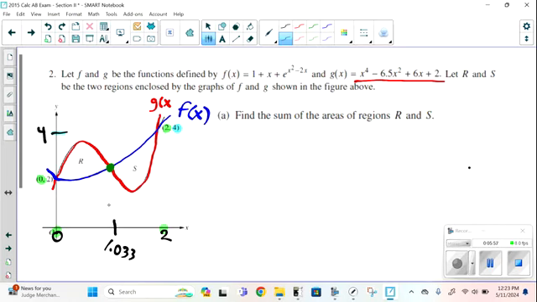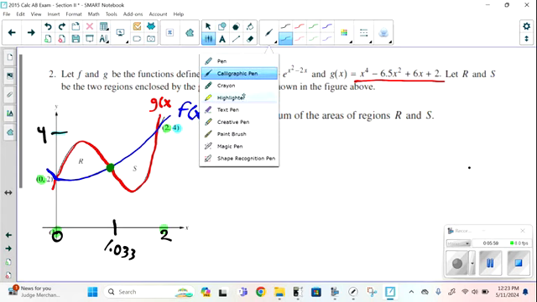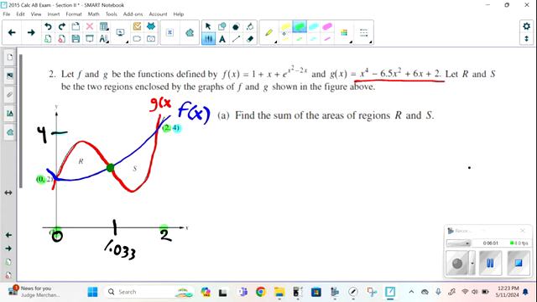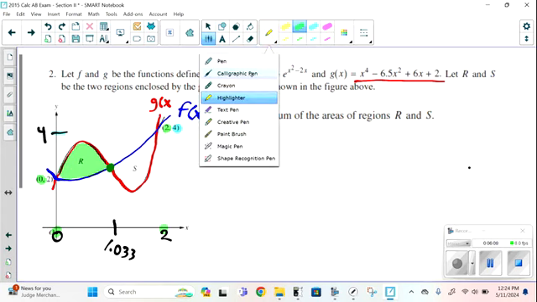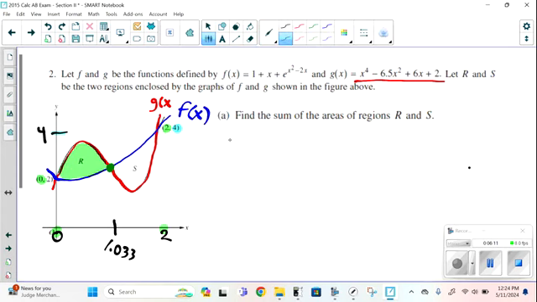So if I want the area, let's start with R. If I want the area of R, it is the top curve minus the bottom curve. Notice that g of x is on top, in the R region, I should say. The integration of g of x minus f of x, don't forget dx.